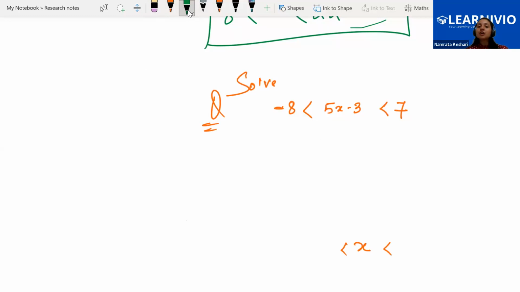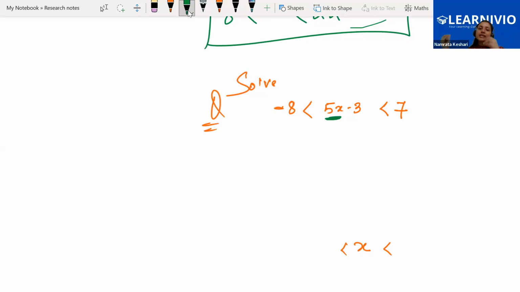First of all, here we want to create just x. But here we are having 5x minus 3. So at first we will remove this minus 3. For that we have to add 3 to all the terms, and that is allowed in inequality.